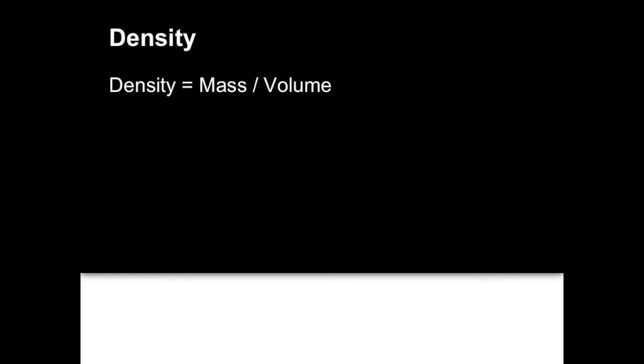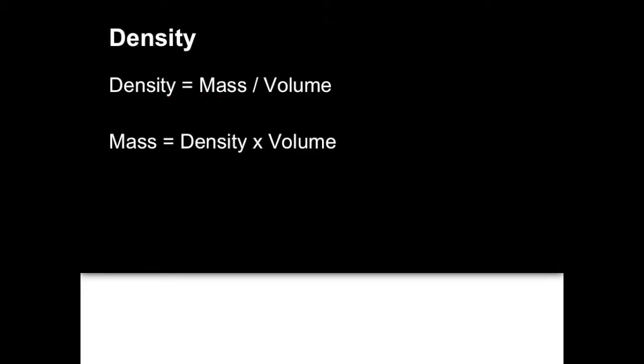Now when you've got density, you have to do a different step before or after all these other boxes that we've been looking at. So this is kind of a little bit outside the map. You have to remember that density is equal to mass divided by volume, which we write sometimes as D equals M over V. So depending on what you're trying to do, there's basically two variations of this formula.